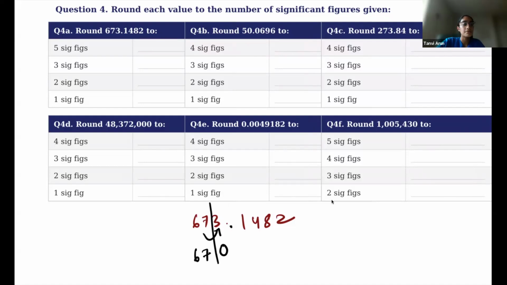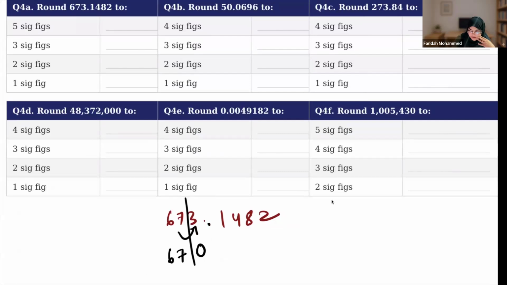Okay. So for 1 sig fig, what will be the answer? Tanvi? Seven. So, okay, let's do it together. For 1 sig fig, where should our line be?